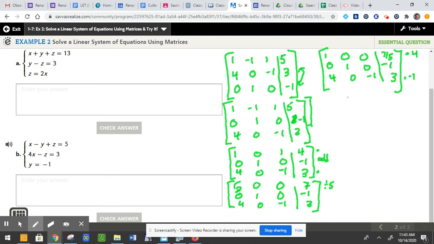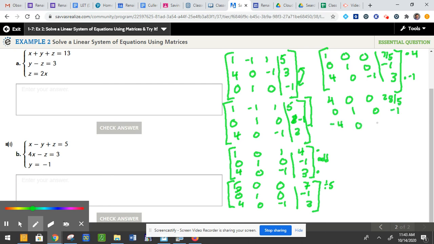So doing those two multiplications, my new matrix is going to be 4, 0, 0, 28 fifths. Second row is untouched. Then my new third row is -4, 0, 1, -3.